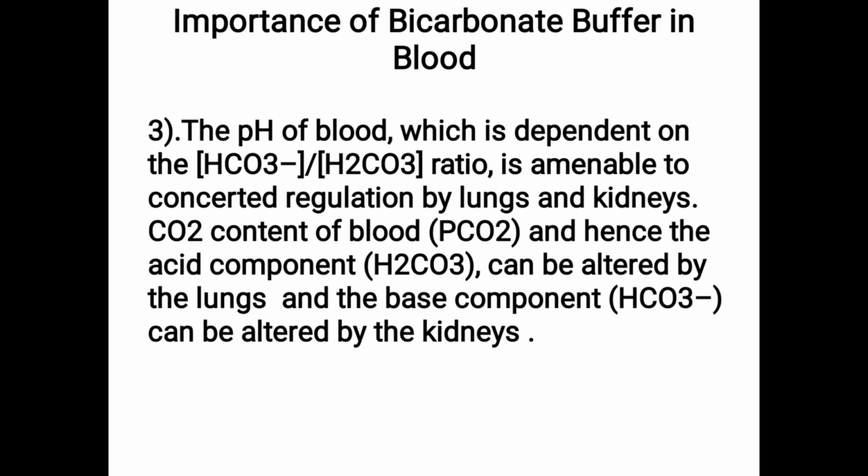The bicarbonate component, HCO3 minus, is 20 times higher than the acid component. What is the acid component? Carbonic acid, in a 20:1 ratio. So there is a high alkali reserve.